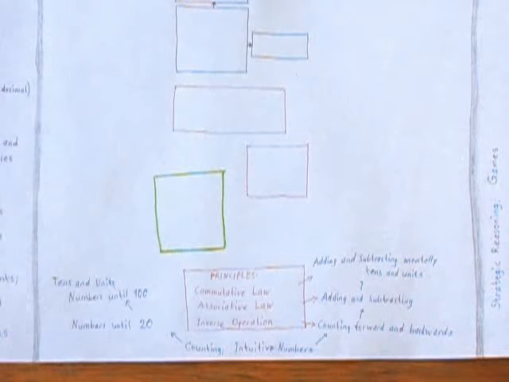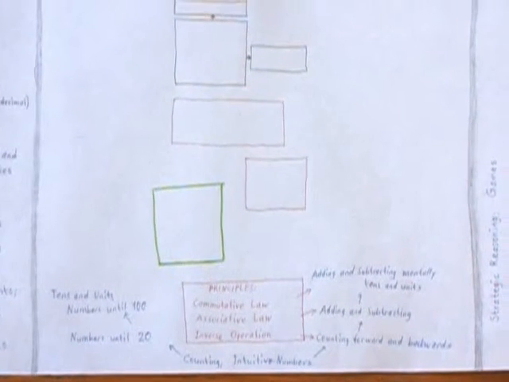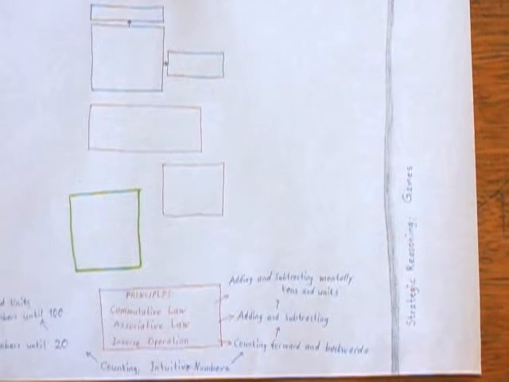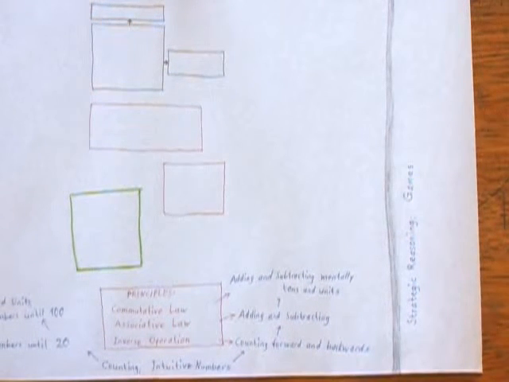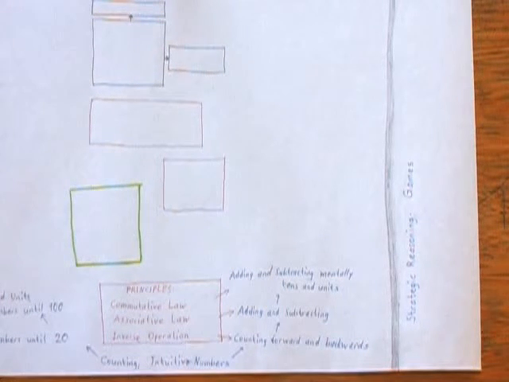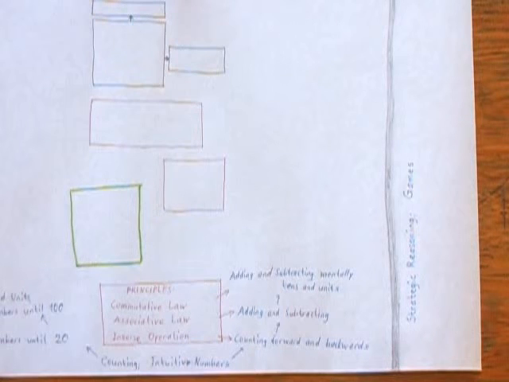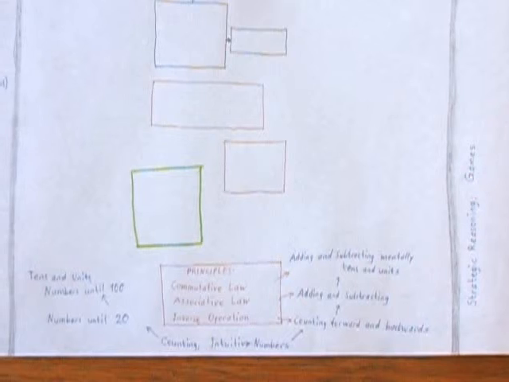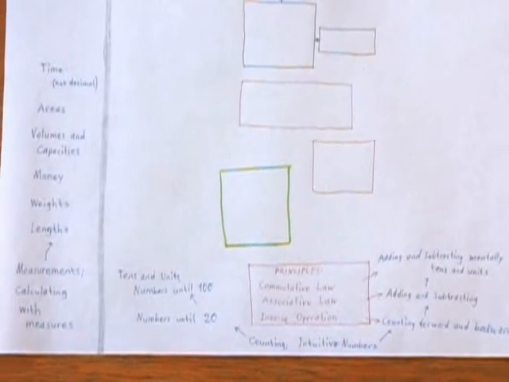Now we see here two other parallel threads. One is strategic reasoning, as used in games like tic-tac-toe, checkers, chess, and so on. This is not directly related to arithmetics, but it is a very important foundation for all kinds of mathematical reasoning. And the other thread is measurement and calculating with measures.